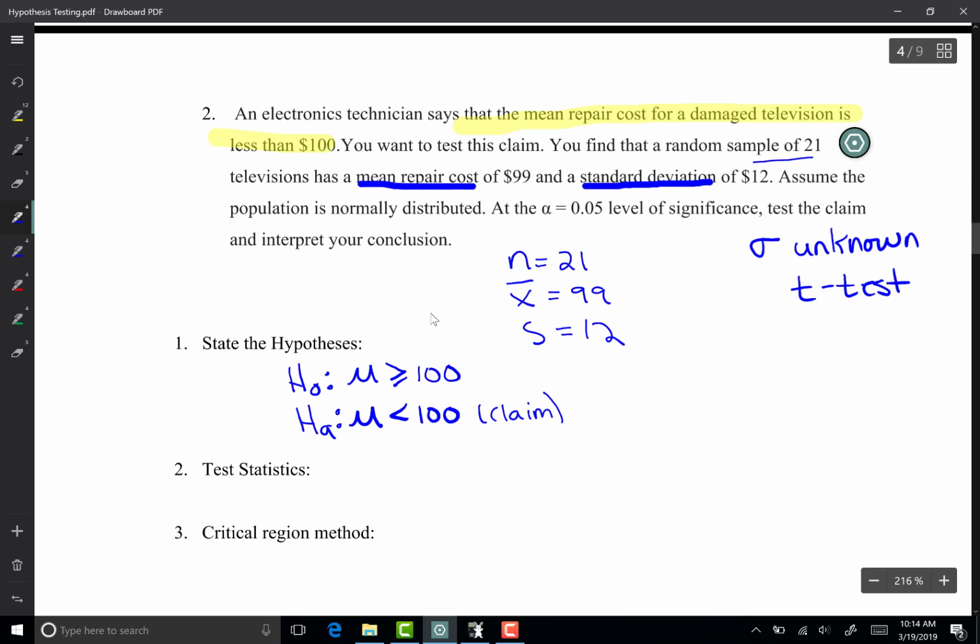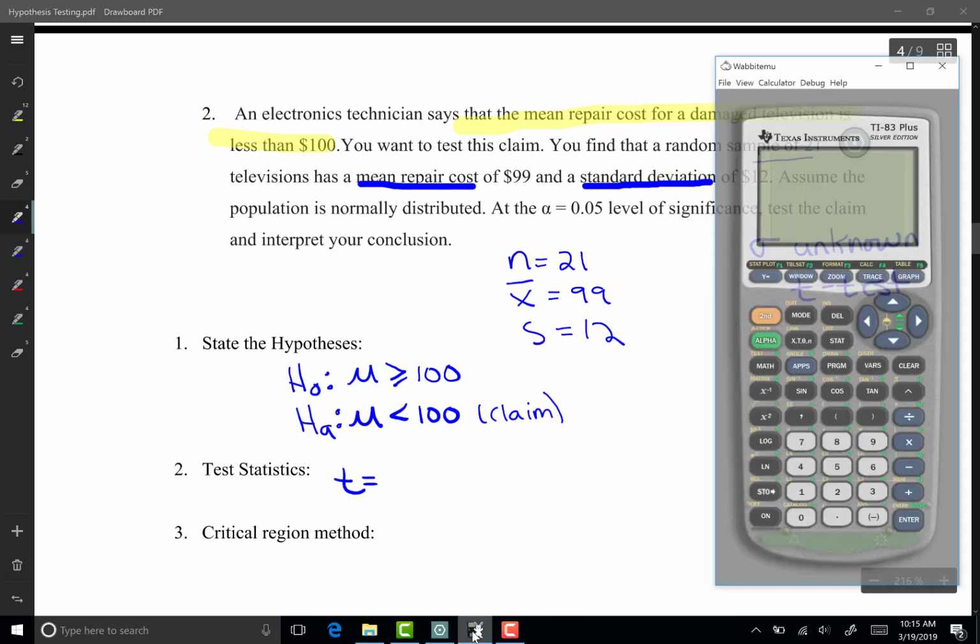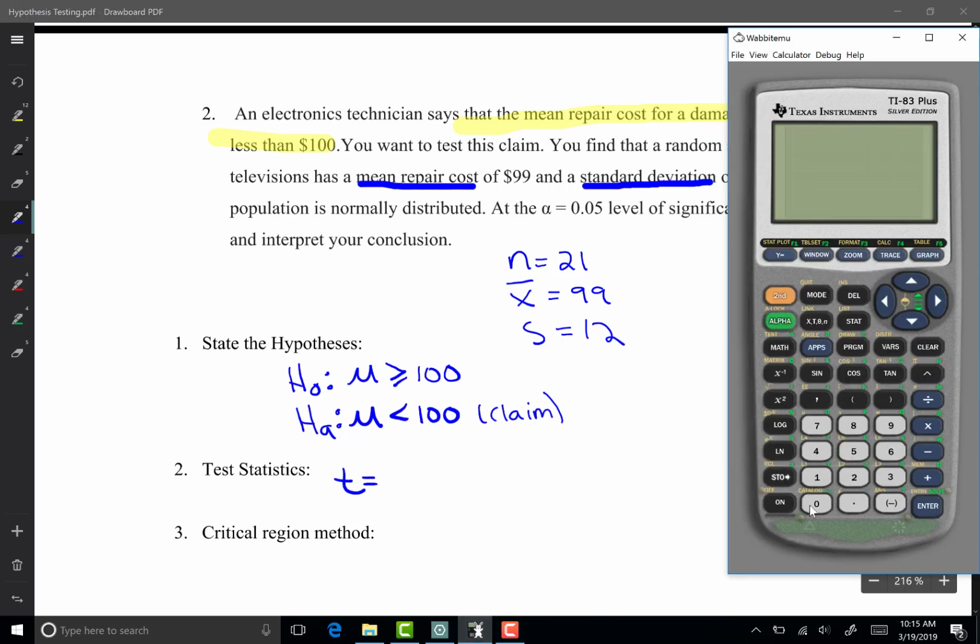So for my test statistic, I'm going to use a t-test statistic. I'm going to go to my calculator, turn it on, go to stat, over to test, and the very second one is a t-test. If I had put all the data in, I would choose data, but I don't, so I go over to stats, hit enter. Now mu naught is what I'm assuming to be true, whatever's in your null hypothesis, so I'm assuming that to be 100.